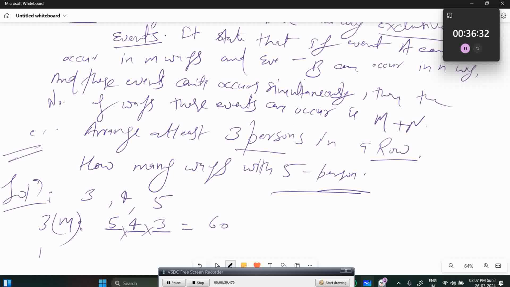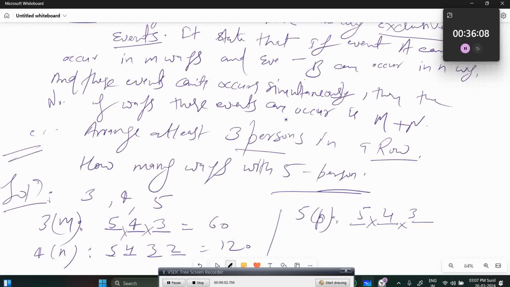All right. Let's say we want to arrange 4 letters in a row. Then it would be 5, 4, 3, and 2, which is 120. And if we want to arrange 5 letters, it would be 5 times 4 times 3 times 2 times 1, which is 120. So either we can arrange 3, or we can arrange 4, or we can arrange 5.